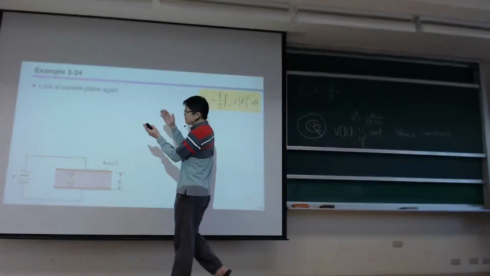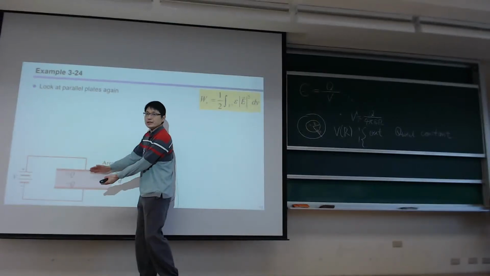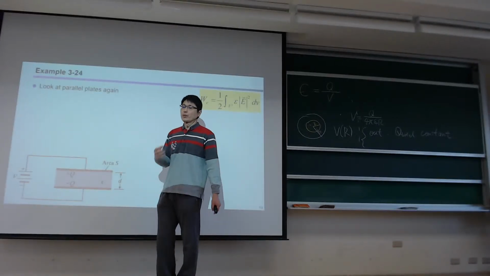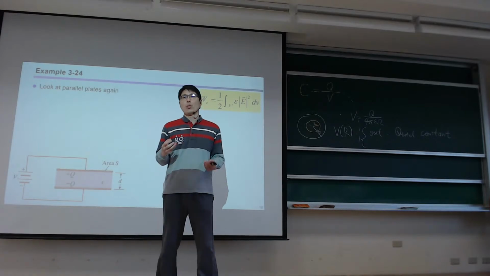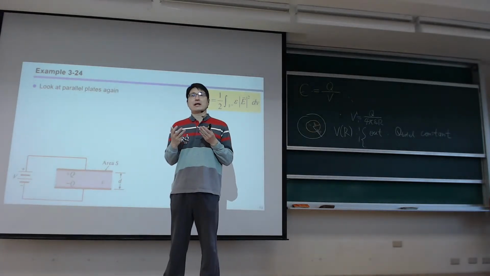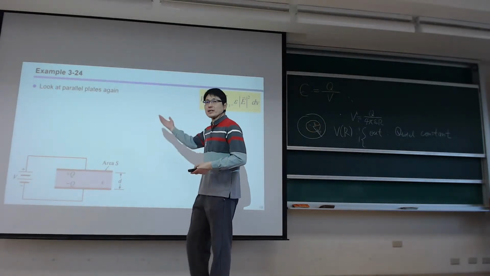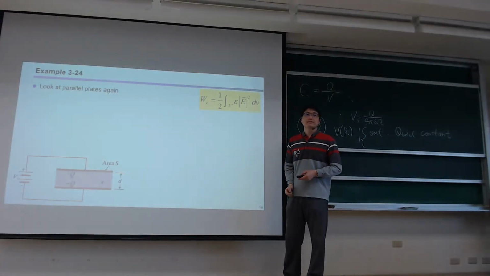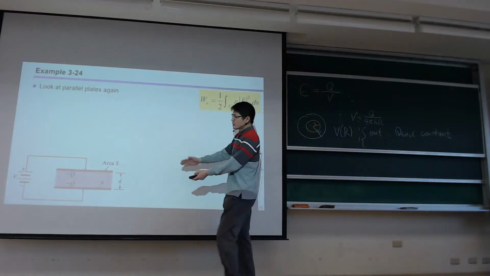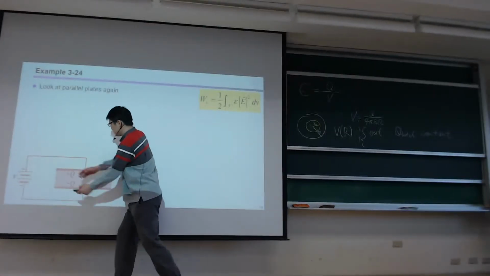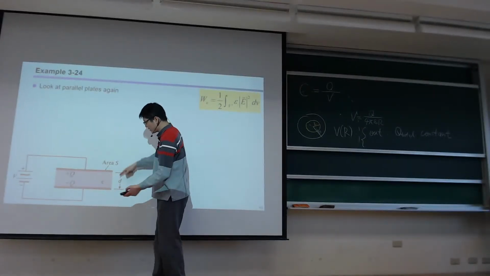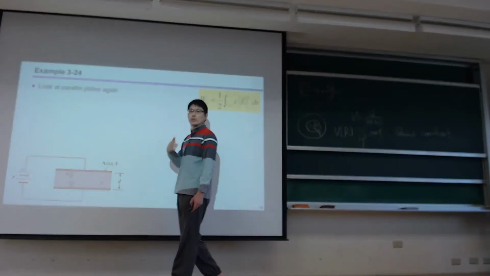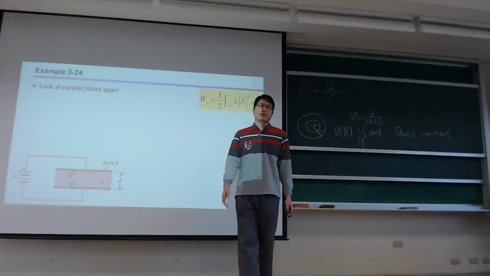We look at the parallel plate capacitor again, and we ask ourselves, what is the resulting energy stored? We can also calculate it from the field it generates, right? When these two plates are very big, the area is very big compared to the distance, we have a uniform field.